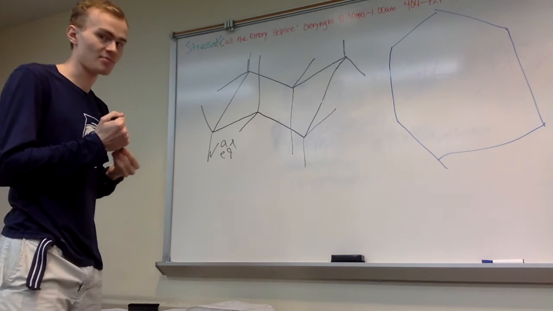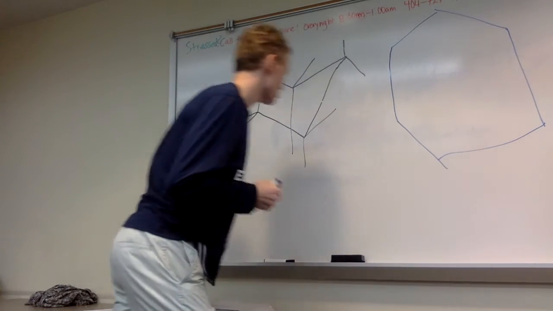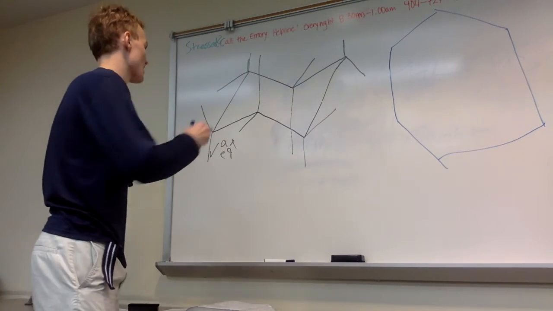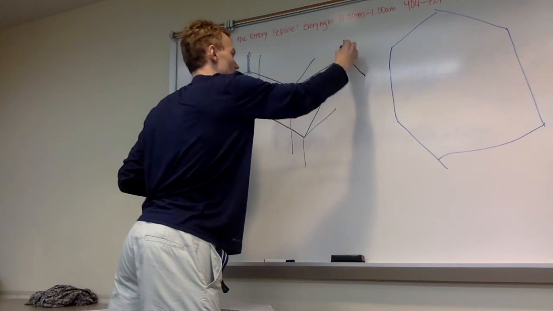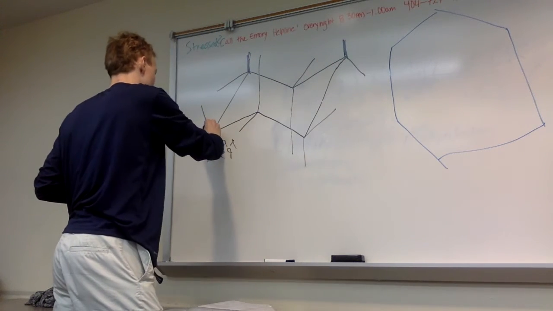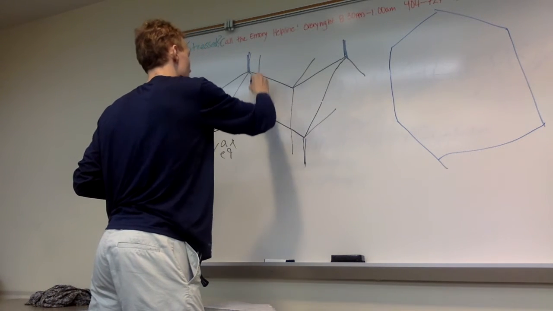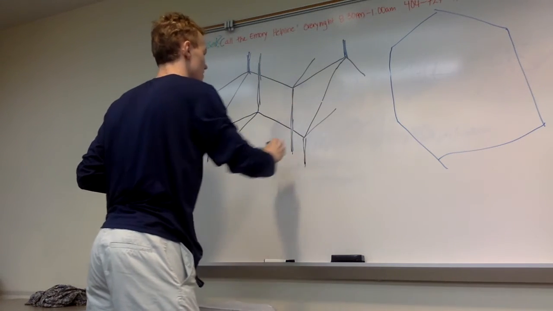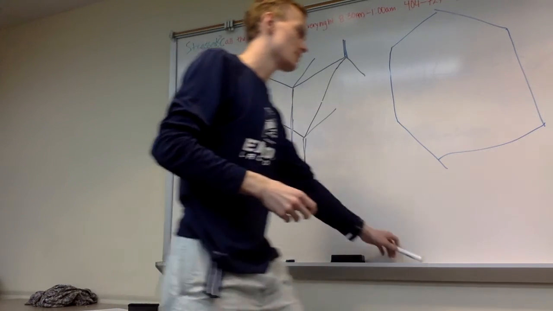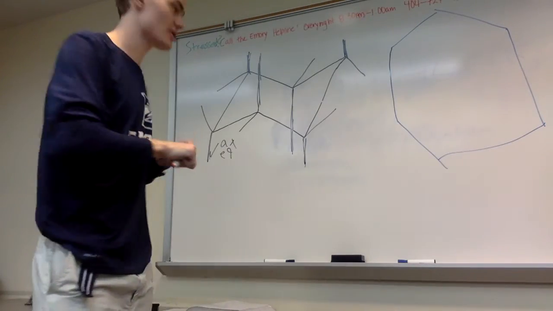So just to recap, when drawing the substituents, so you have your axial here. So the blue is going to be the axial. Okay. Axial, okay? And then the red is going to be the equatorial.